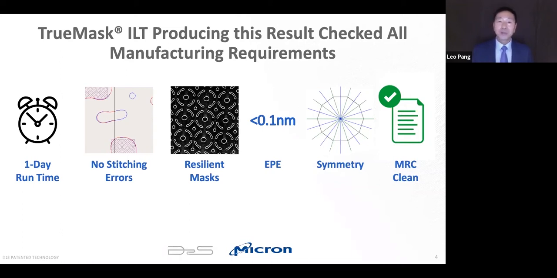Also the cost function is done in the frequency domain, so the mask patterns we generate are naturally symmetric. And we also implemented curvilinear mask rule checking, so the results we generate are MRC clean.